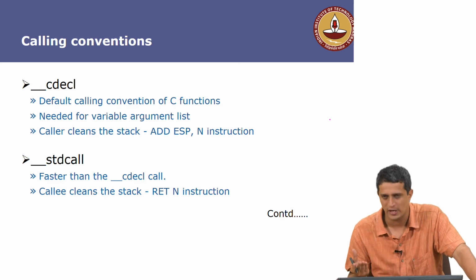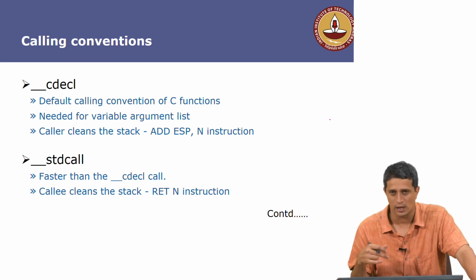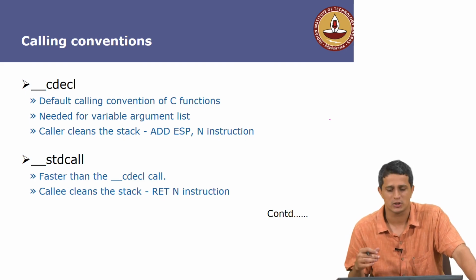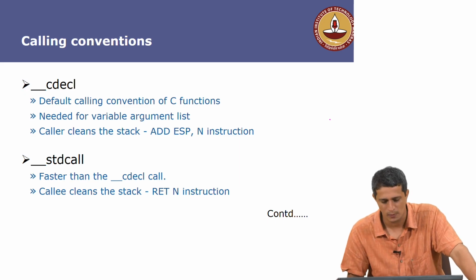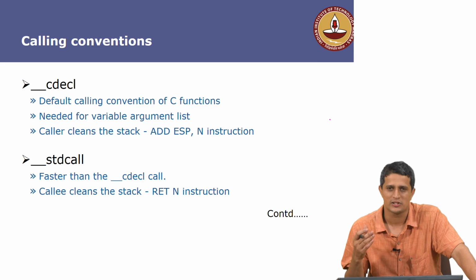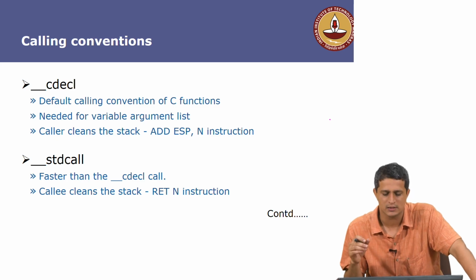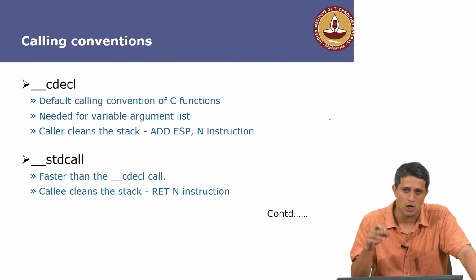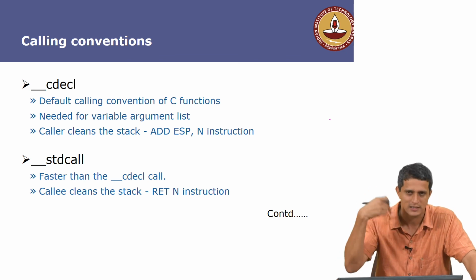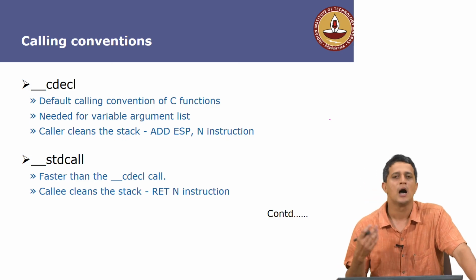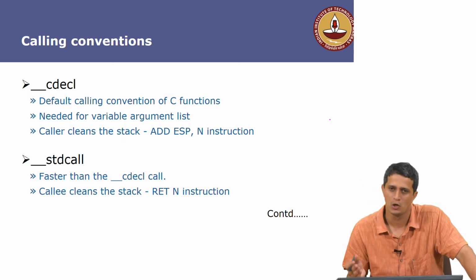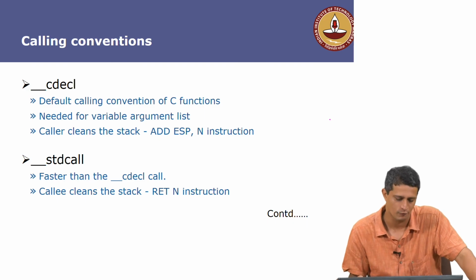It's needed for variable argument list like printf, and the calling function is going to clean the stack by doing add esp comma n instruction. __stdcall, right, is of course faster, I will tell you for what reason, where the callee or the function itself does its own stack cleanup, right, and this can be done only when the arguments are fixed and known at compile time itself, right.